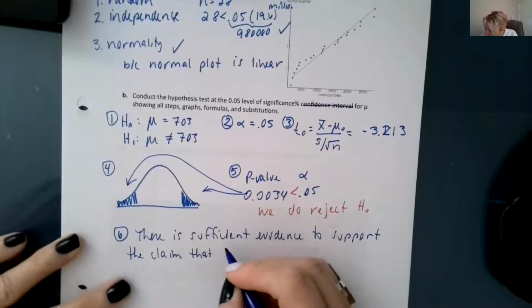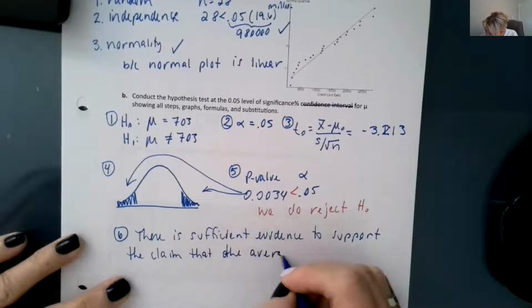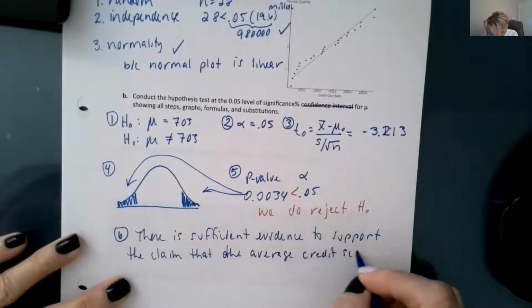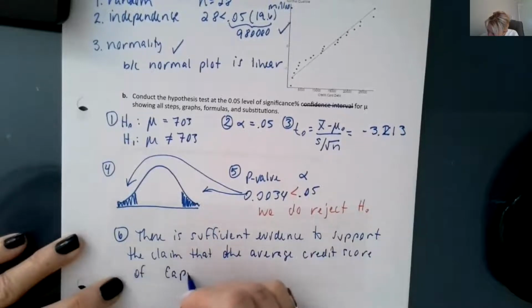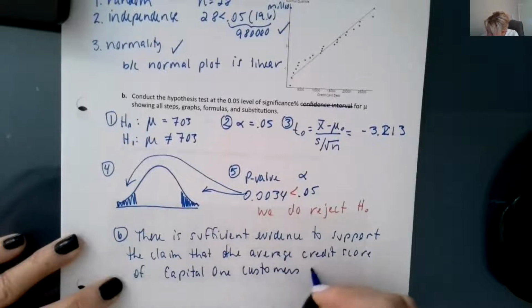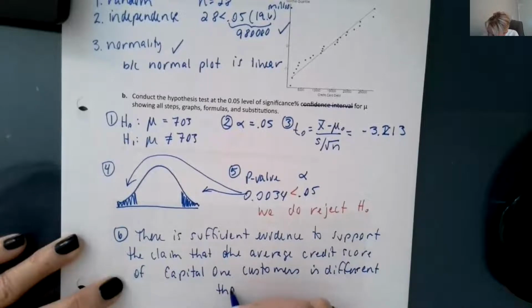that the average credit score of Capital One customers, because remember that was our population, is different than 703.